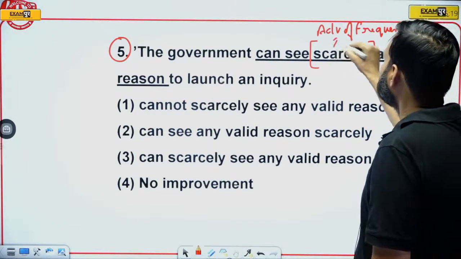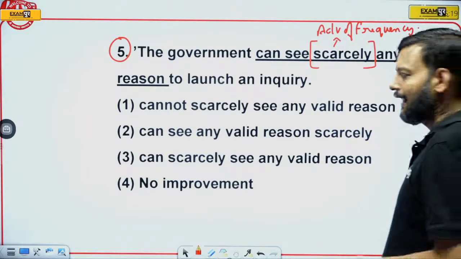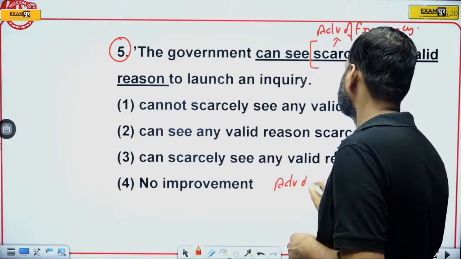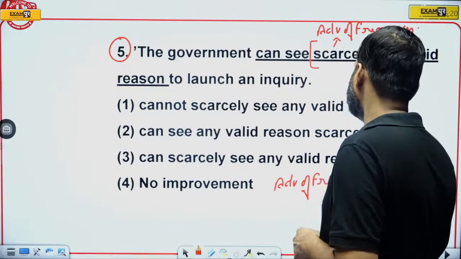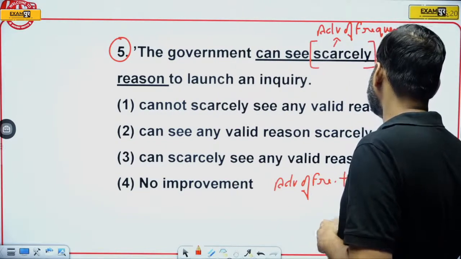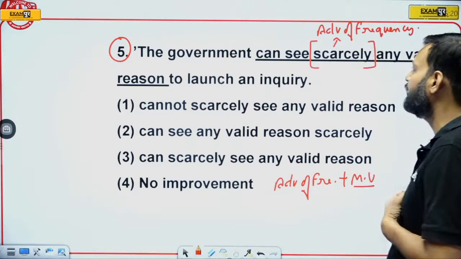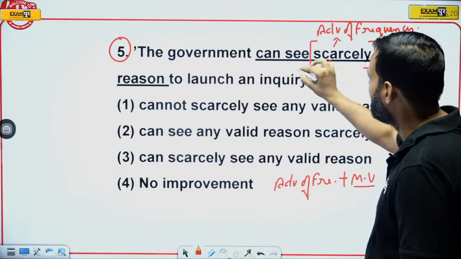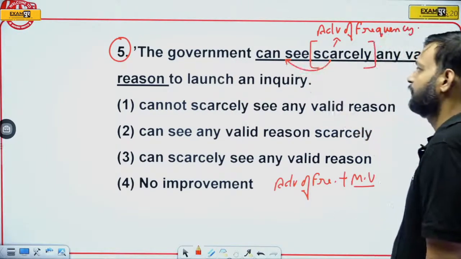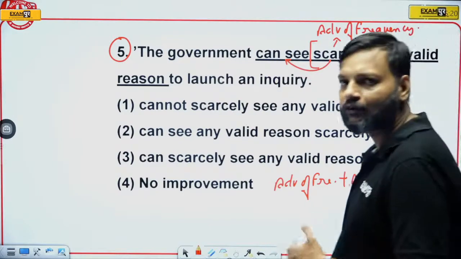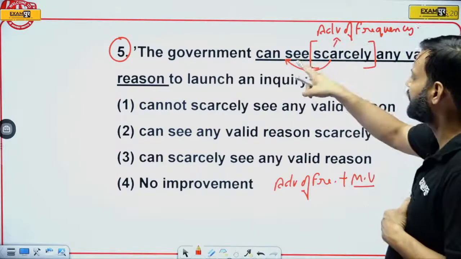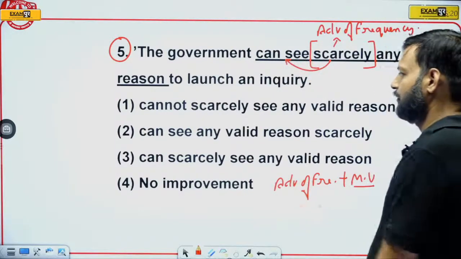We all know that adverbs of frequency are placed before the main verb. So this word scarcely should have been before see, right?